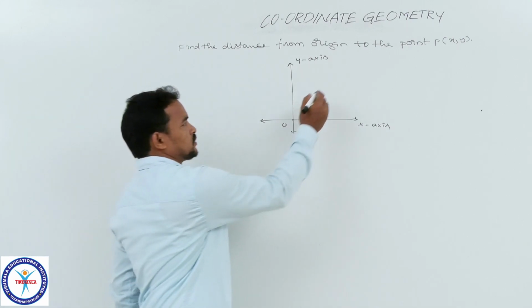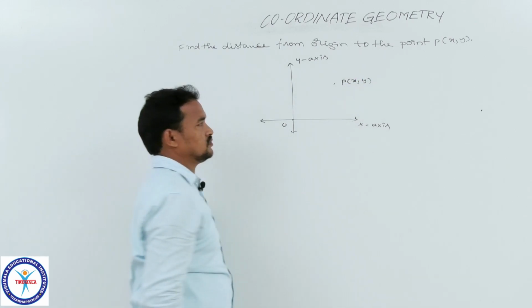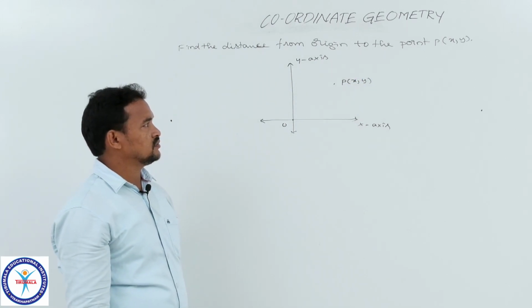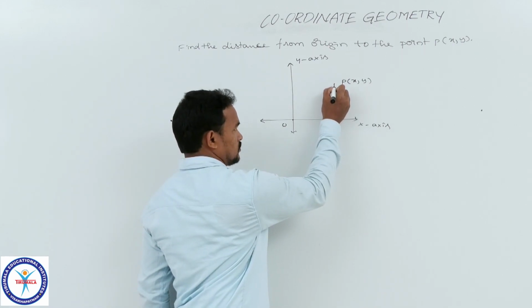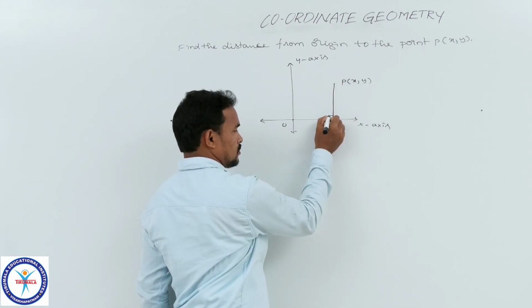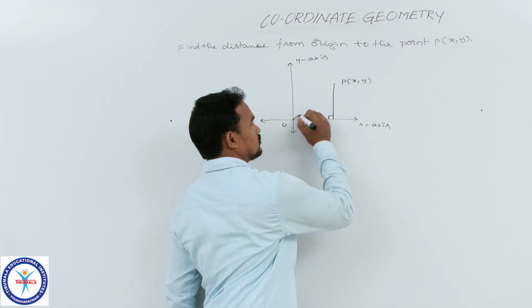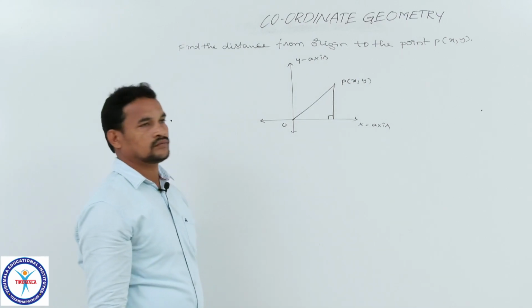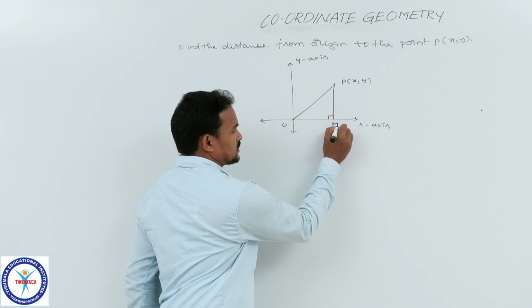The point P is in the first quadrant. Its coordinates are x comma y. Draw one perpendicular from the point P to x-axis, and join OP. Here PM is perpendicular to the x-axis.